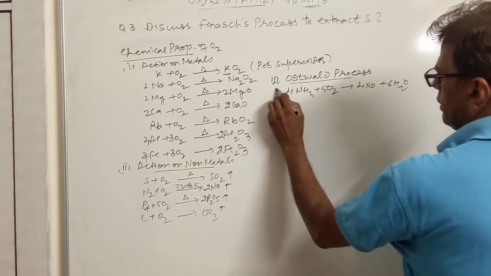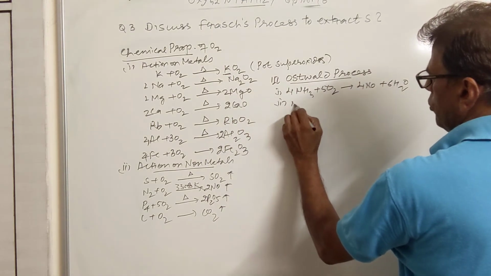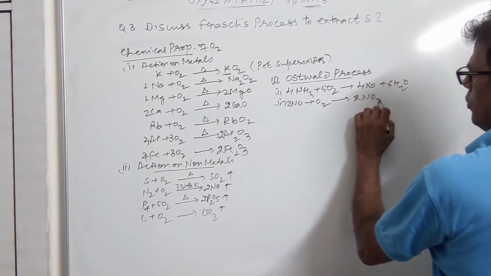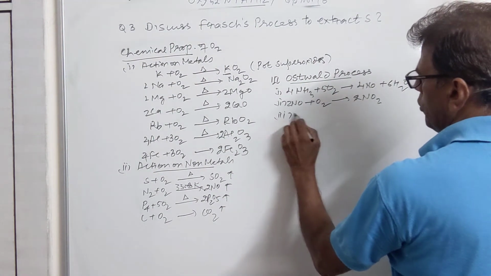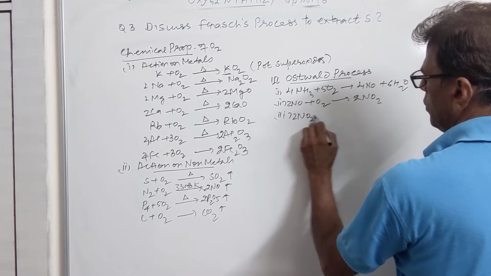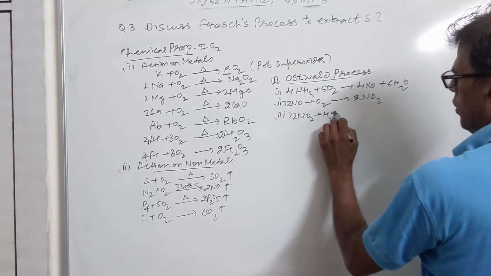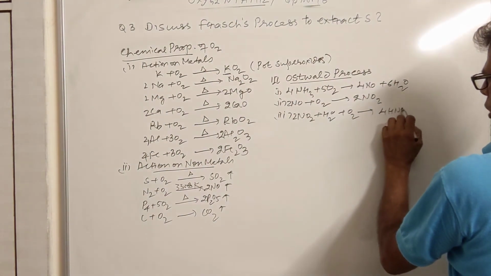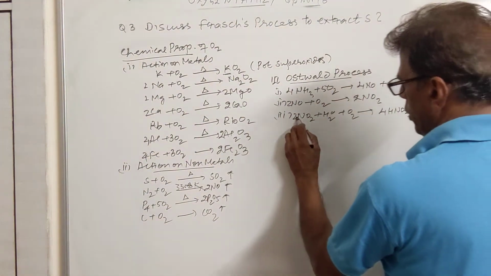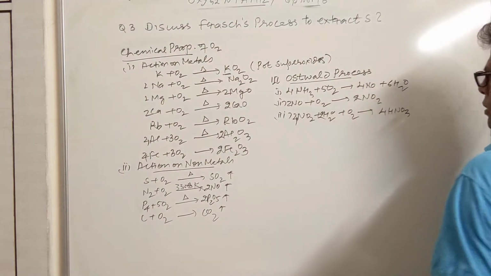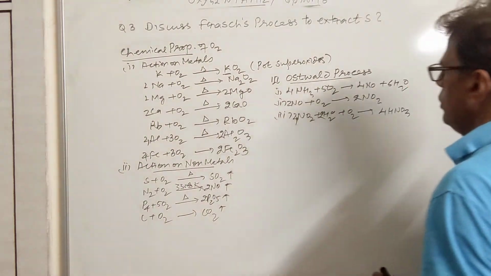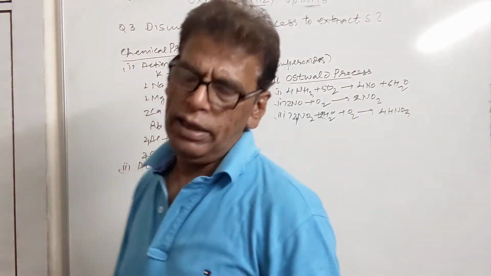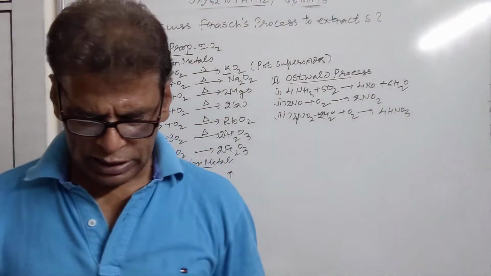NO in the next step combines with O2 to give you 2NO2. In the third step, NO2 dissolves in water in the presence of O2 to give you 4HNO3. We can take 4NO2 here, 2H2O, and this will give you nitric acid. So oxygen has a very important role to play in the preparation of nitric acid.